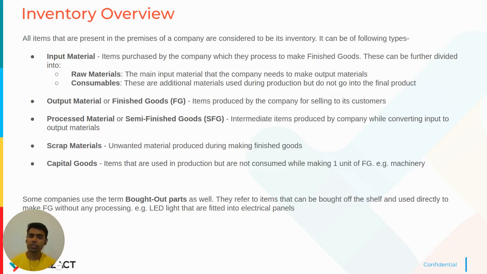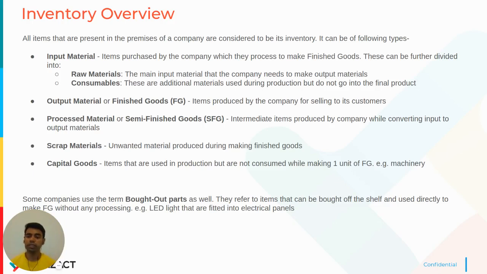Output materials or finished goods are the items that are produced by any company. The processed material or semi-finished goods are the intermediate products that the company produces while making the finished goods. Scrap materials are the unwanted materials that are produced in the process. And capital goods are the items which are used in production, but they do not get consumed during production.